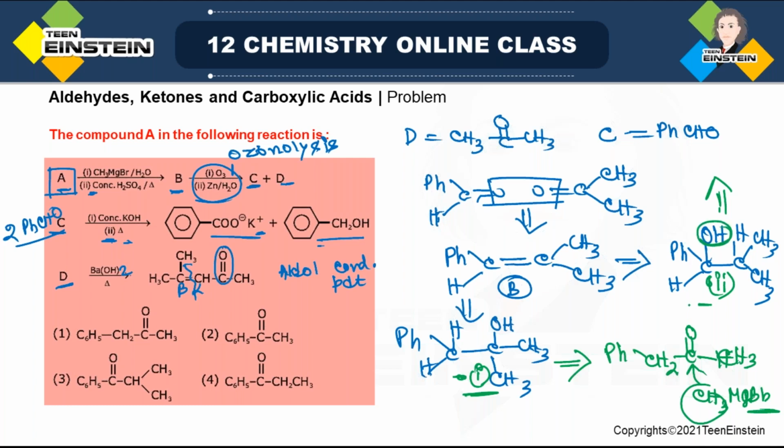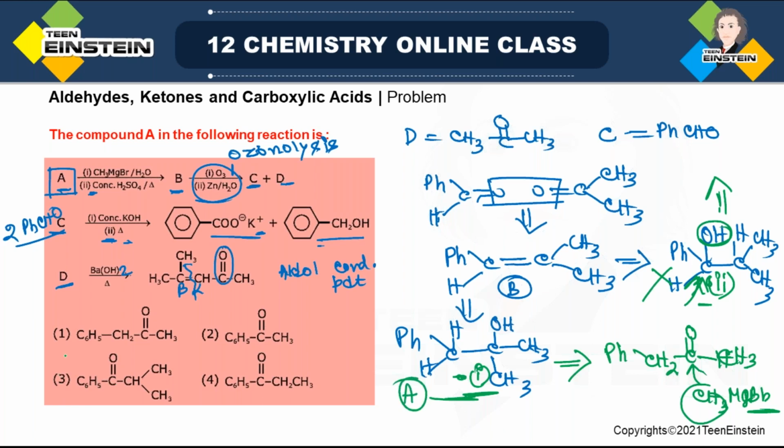That means carbonyl should be present at this position, as if PhCOCHMe2, but that you cannot get by treating it with CH3MgBr. Because if you are adding CH3MgBr, then this carbon should also contain another CH3, but that is not present. It is possible only if you do retro with this one. So this is not possible. So 1 should be the structure of A, not 2.